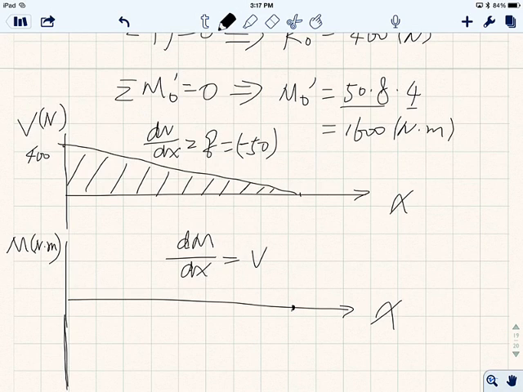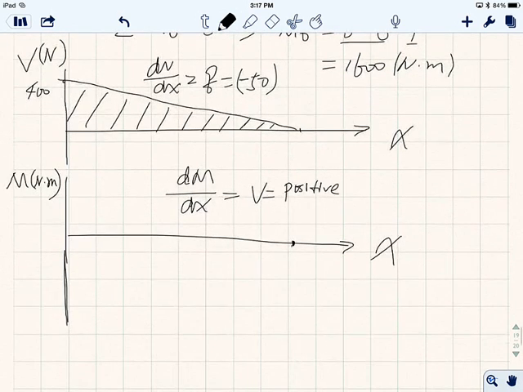And also I know the slope is going to be positive, because all these V values are positive, right? So I automatically know if I use all the equations, it's supposed to start at a negative 1600. Why? Because you have positive slope, so therefore you're going to increase through the whole time, and then eventually end at a 0.